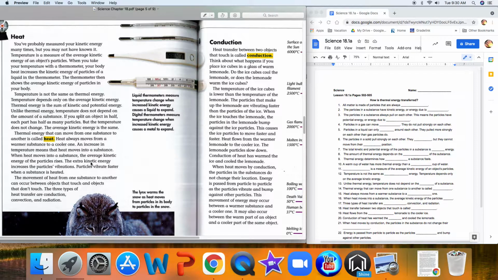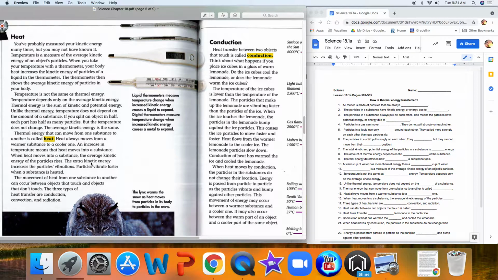The extra kinetic energy increases the particles' vibration. Particles vibrate faster when a substance is heated. The movement of heat from one substance to another can occur between objects that touch and objects that don't even touch. There are three types of heat transfer. They are known as conduction, convection, and radiation.